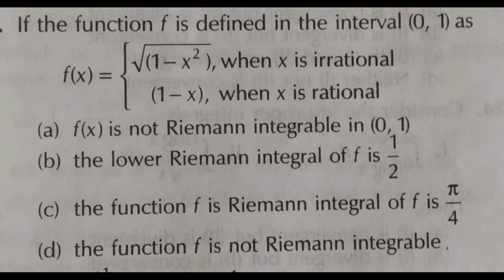Option B: the lower Riemann integral of f is half. Option C: the upper Riemann integral of f is pi by 4. And option D: the function is not R integrable.